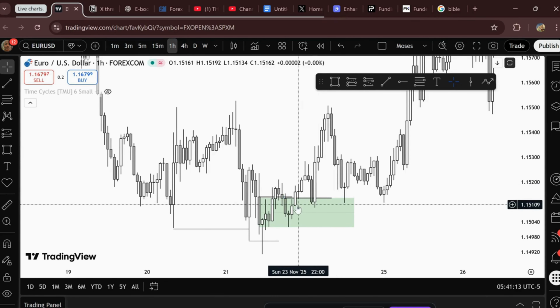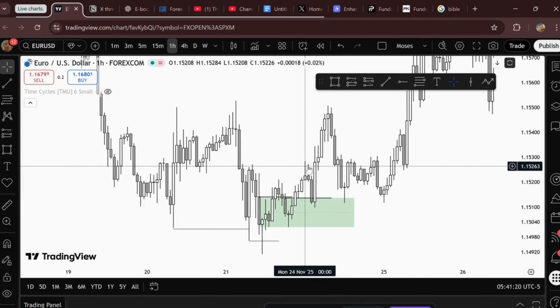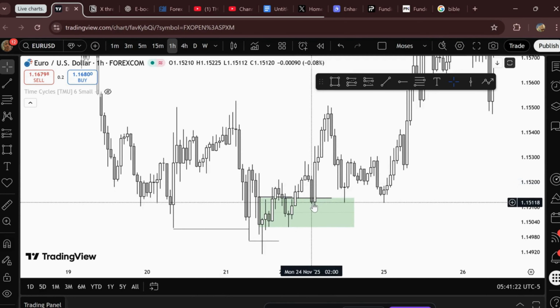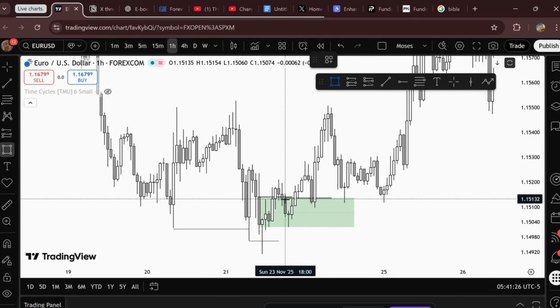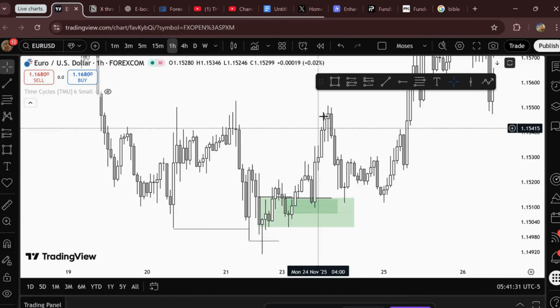And we saw price retrace again into this last bearish candlestick before this upward price movement. Price retraces into it, stacks up all the orders resting inside of this last bearish candlestick, and that pushed price high.